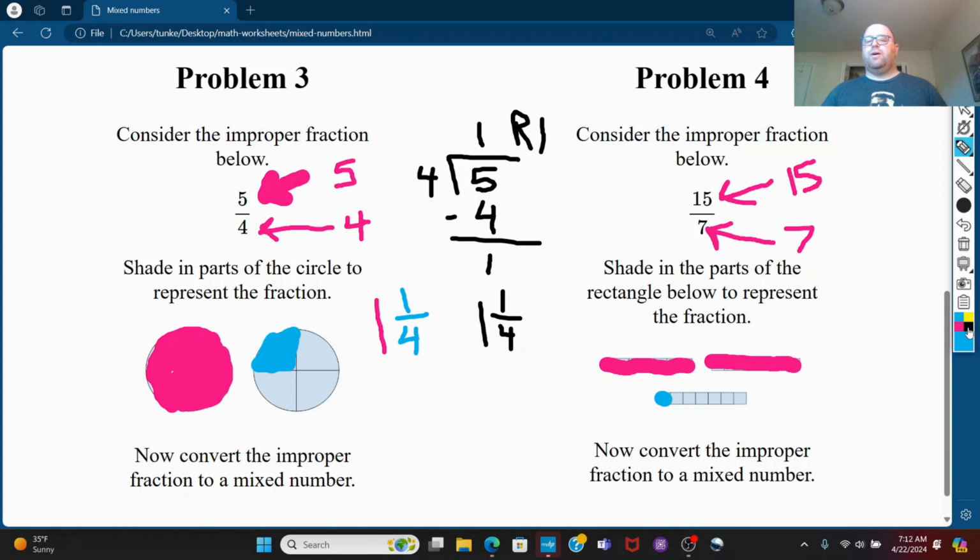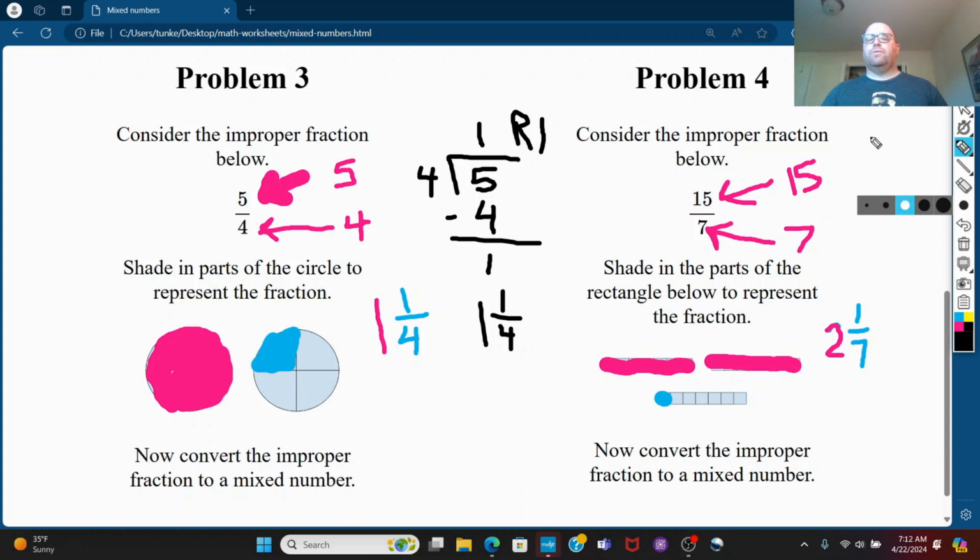Okay, so if we're thinking of this as writing this as a mixed number, we have 2 of the pink ones, so we have, whoops, wrong color. We have 2, and then we have 1 out of 7 that's in blue. So we can change this to 2 and 1/7 as our mixed number. So that's a visual way to convert from an improper fraction to a mixed number.